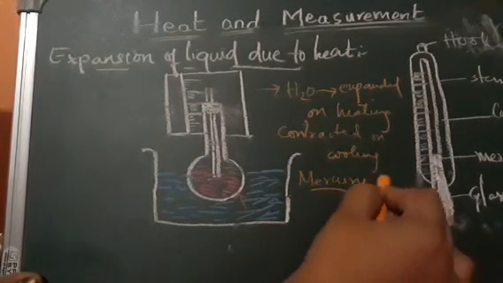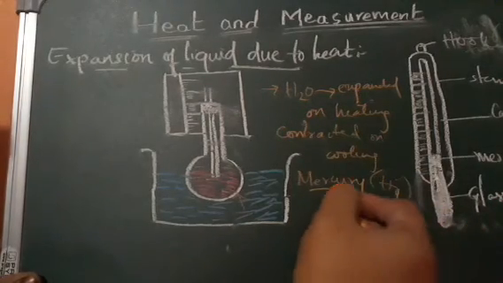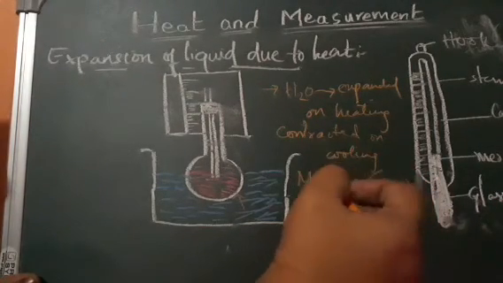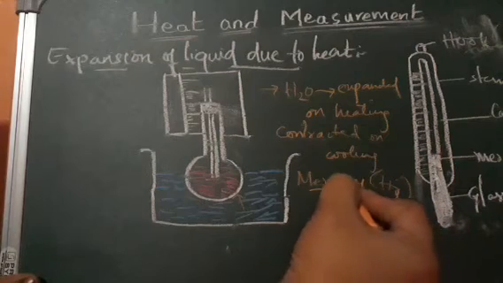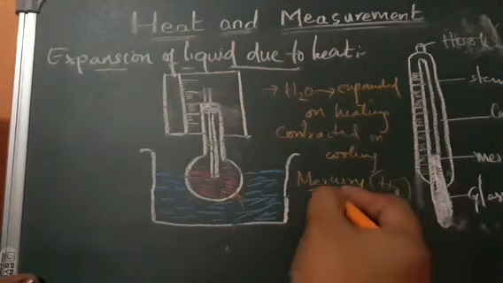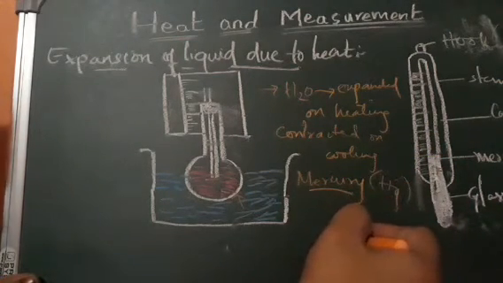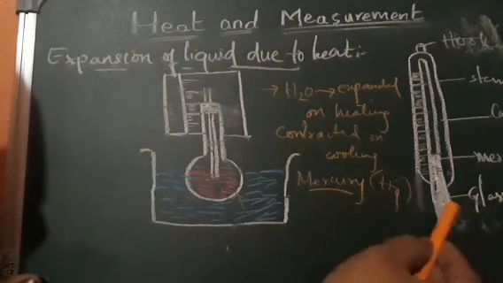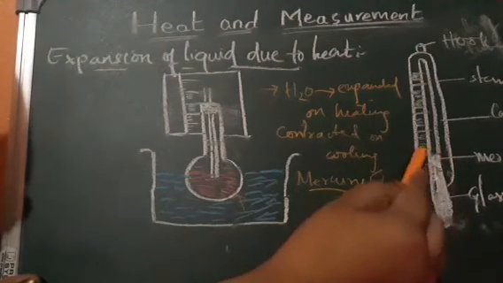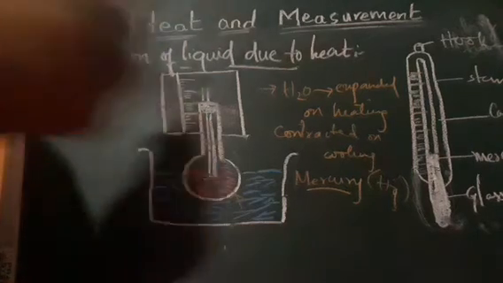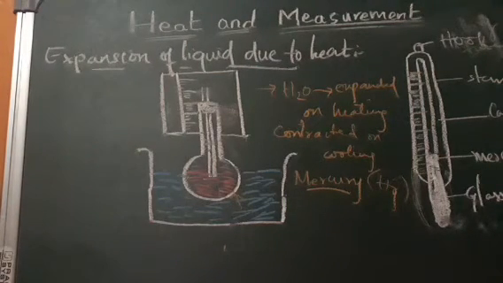So what has happened? This mercury also, when it is heated, gets expanded, and when it is getting cool, again it comes back to its original size and shape. That is the reason why we are using mercury in the glass bulb.